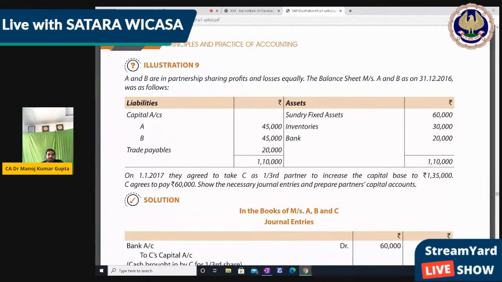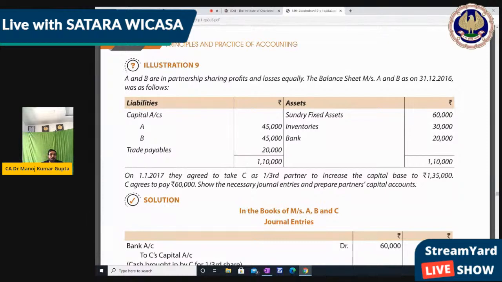On 1/1/2017, they agreed to take C as a 1/3 partner to increase the capital base to 1,35,000. C agreed to pay 60,000. Give the necessary journal entries and prepare the partners' capital accounts.